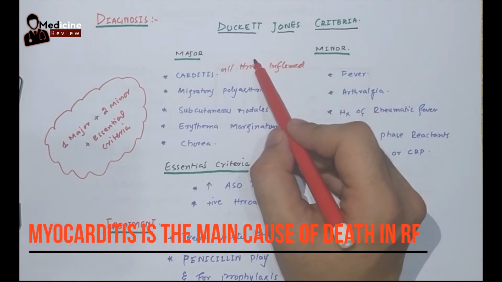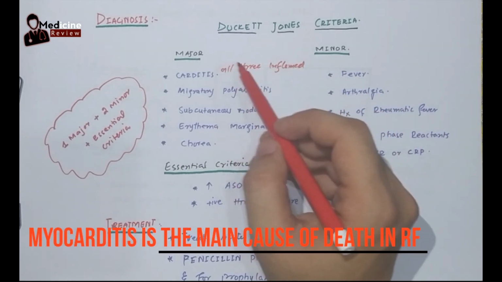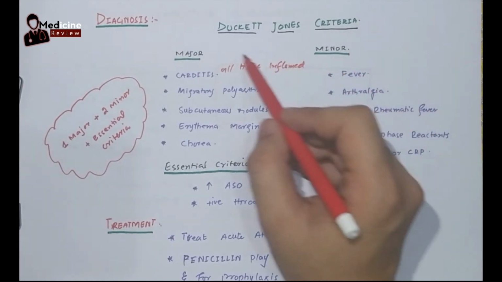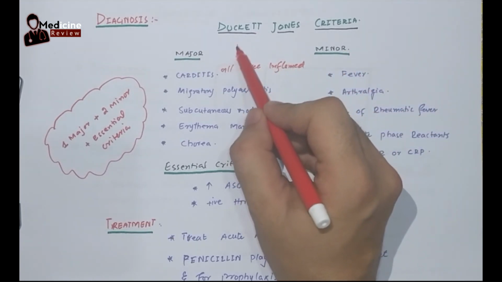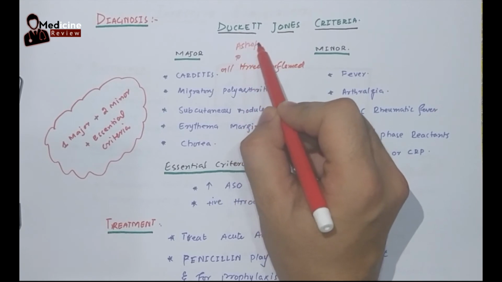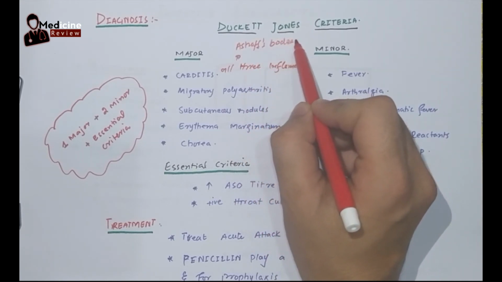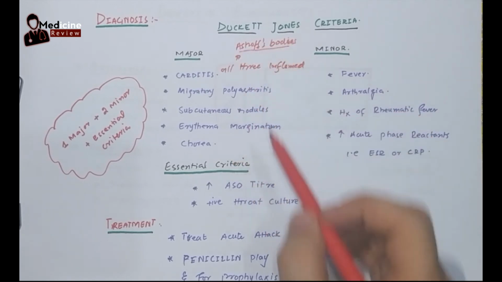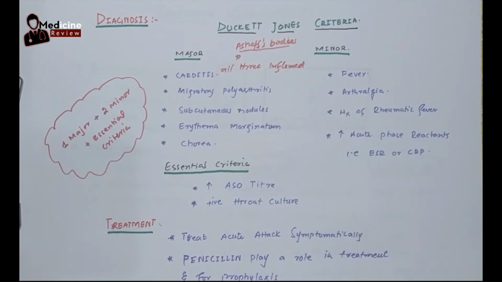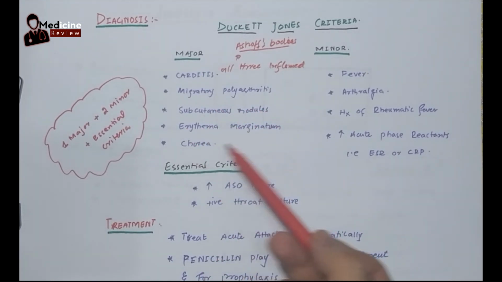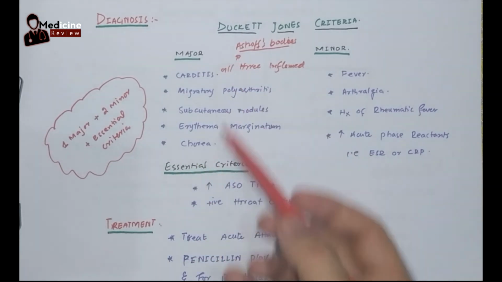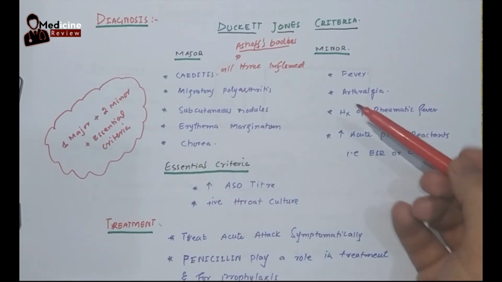If we look at the myocardium, there will be Aschoff bodies. These Aschoff bodies are pathognomonic for acute rheumatic fever, so this is an important point to remember. Another is migratory polyarthritis, subcutaneous nodule, erythema marginatum and chorea, as discussed a bit earlier.